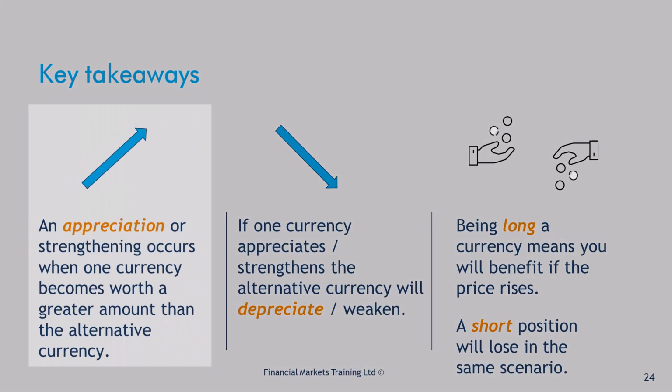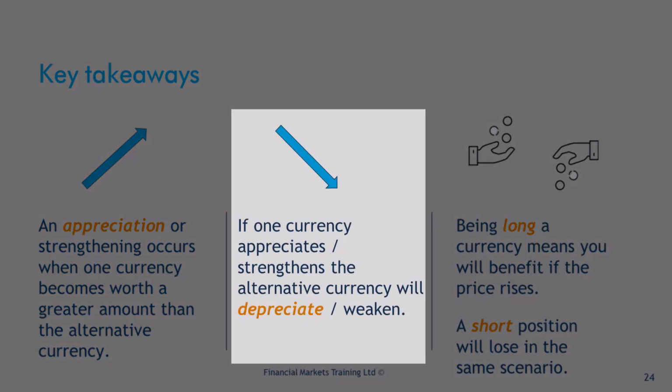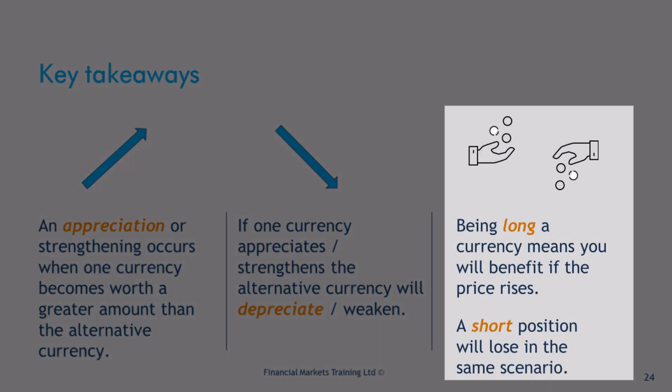An appreciation or strengthening occurs when one currency becomes worth a greater amount than the alternative currency. If one currency appreciates or strengthens, the alternative currency will depreciate or weaken. Being long a currency means that you will benefit if the price rises. Being short a position means you'll lose in the same scenario.